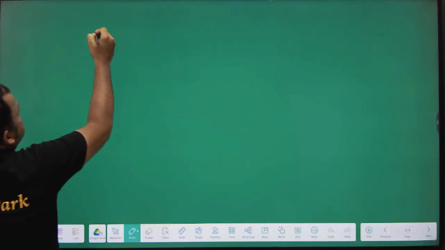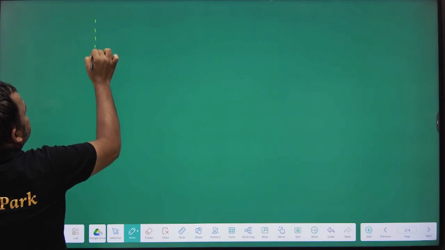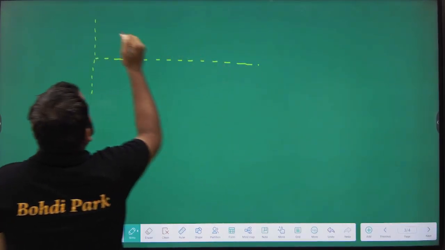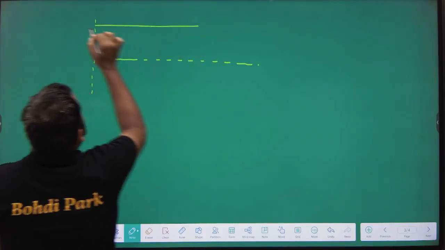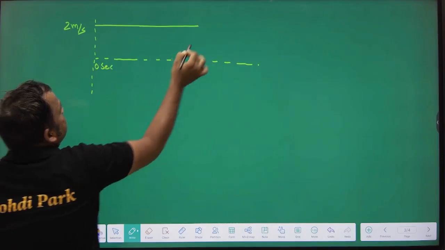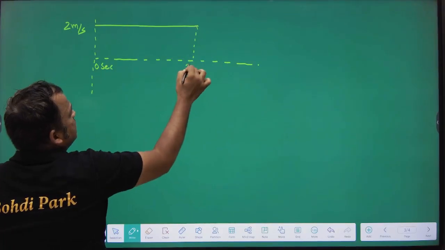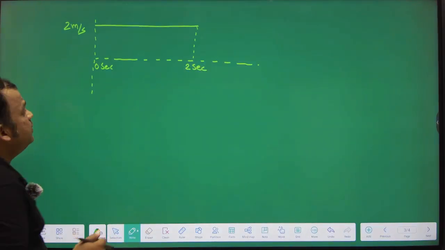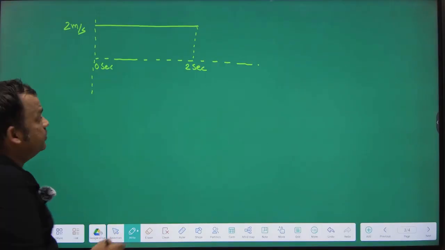Now we have a situation in which the velocity is constant for some time. Let us suppose the velocity is 2 meter per second from 0 second to, let's say, 2 second. And after 2 second, the velocity becomes negative.